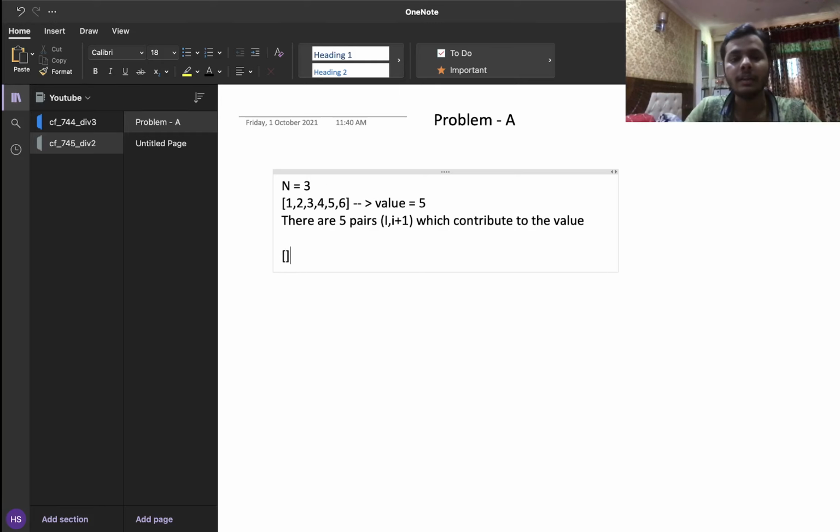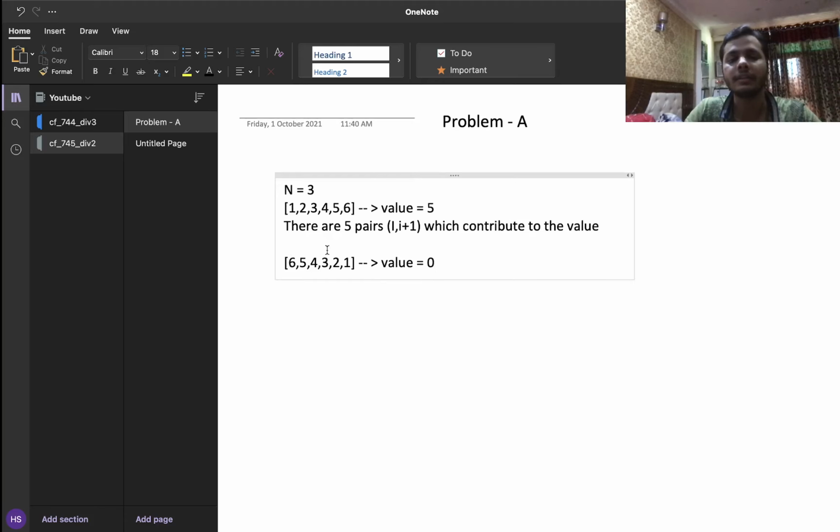All right, now let's look at the totally reverse of this: 6 5 4 3 2 1, right? So we can see that its value is definitely 0 because there is no index for which the value to the right of it is greater. So yeah, there is no pair which actually contributes to the value.